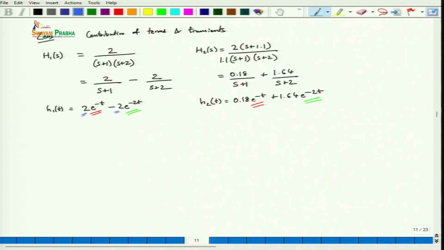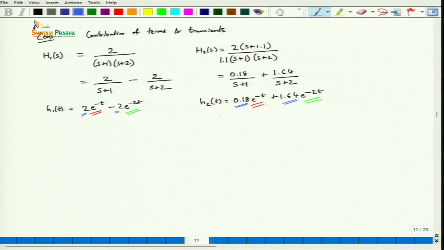Whereas here the magnitude of this particular part is more than the magnitude of this. So, the pole at minus 2 plays a more important role in the response of this transfer function as compared to the pole at minus 1, although the DC gains are the same in both cases.